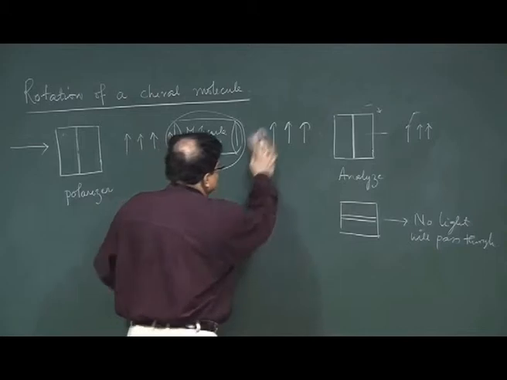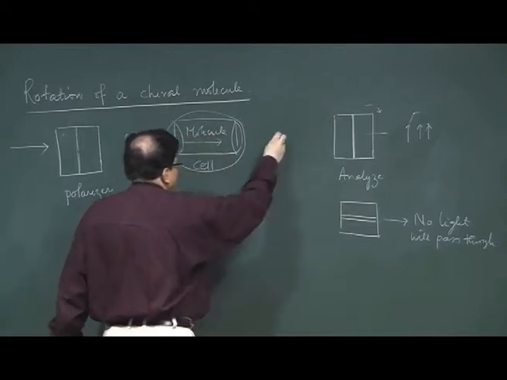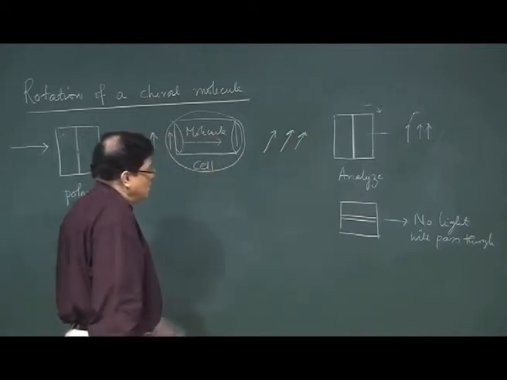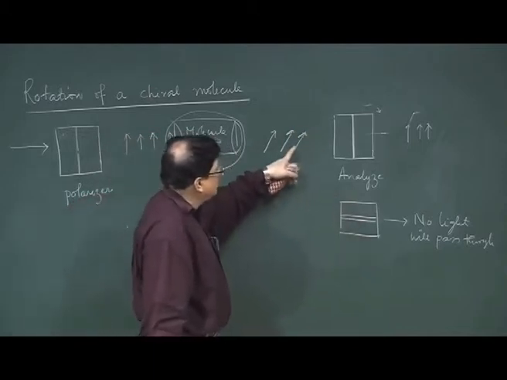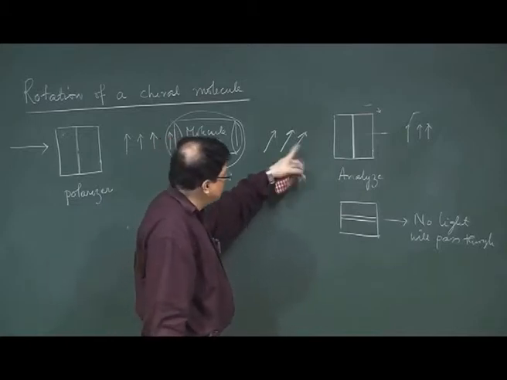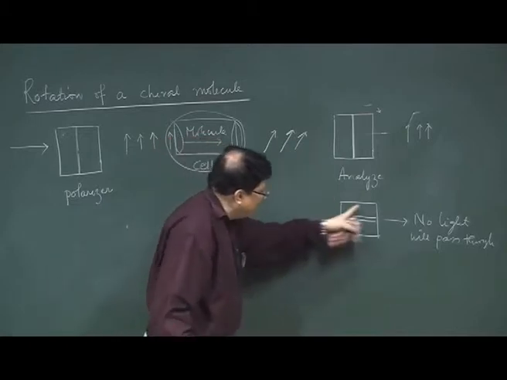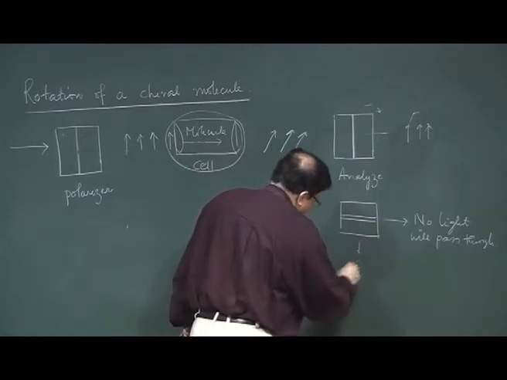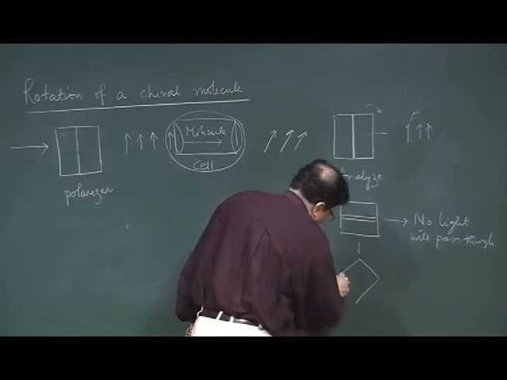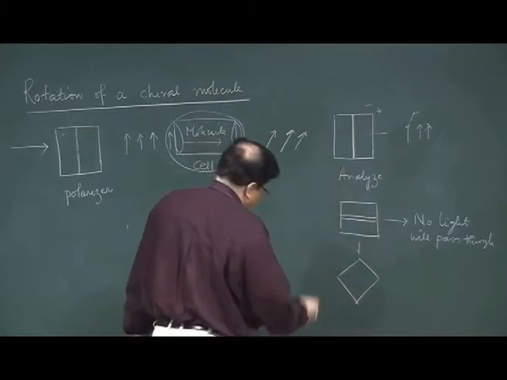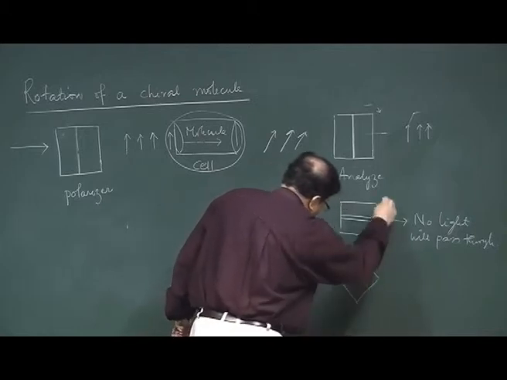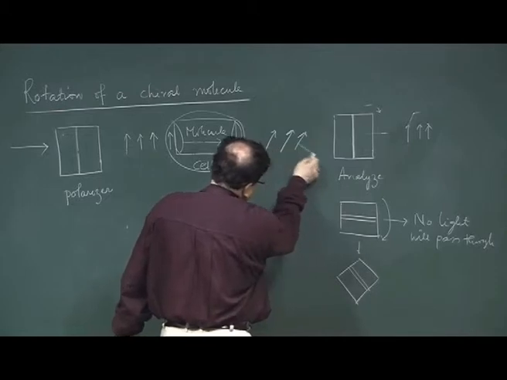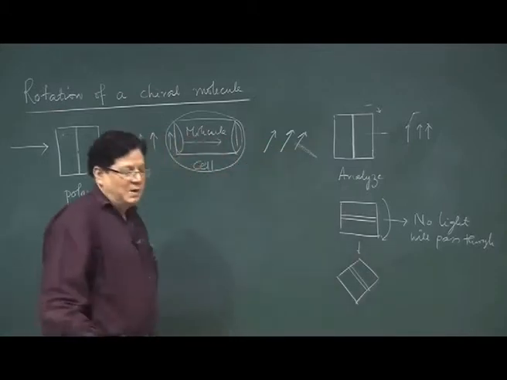If the molecule is chiral, so this gets rotated, now this is no longer orthogonal to the plane of plane polarized light, because it got rotated. So in order to cut off the entire light, we have to rotate this in this direction, so that the slit now becomes orthogonal to the plane of polarization.